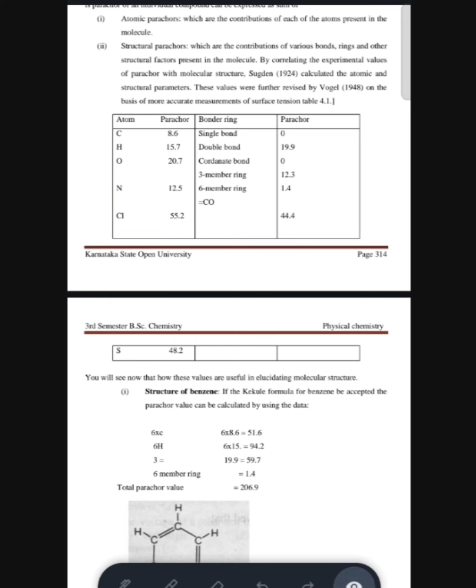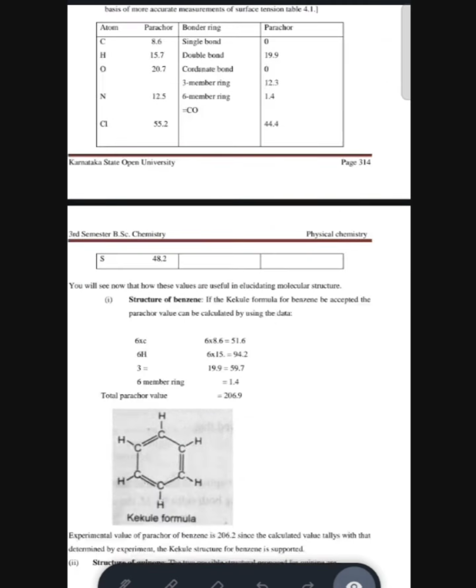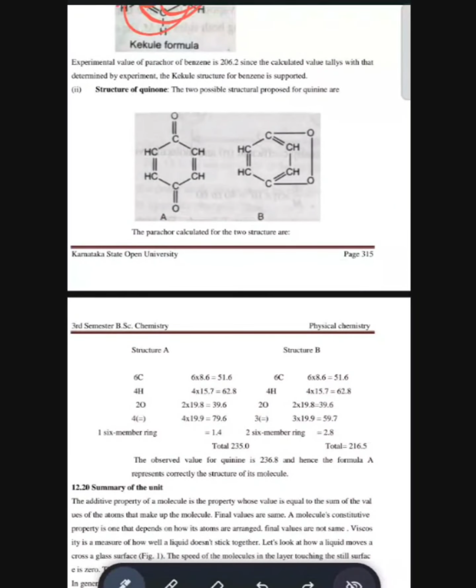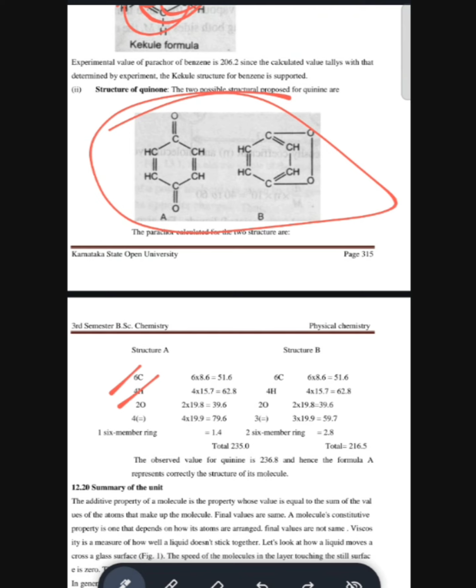Next we are going to calculate by the same method for structural parachor. This is with respect to structural parachor, the structure of quinone. Here there are 6 carbon atoms, 4 hydrogen, 2 oxygen, and 4 double bonds. We get the value of 235.